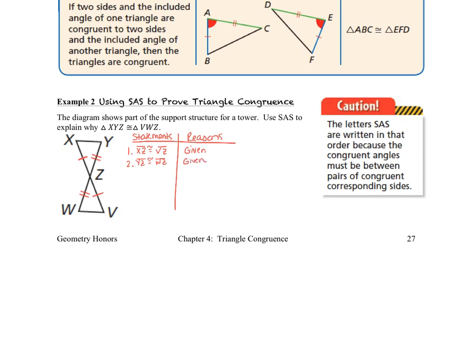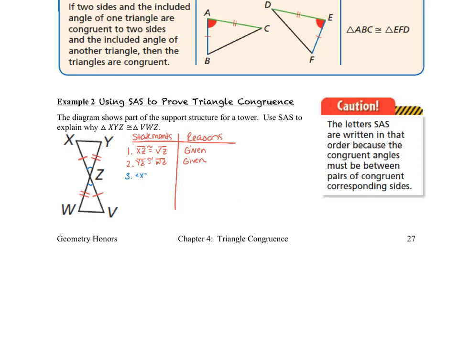So we either need another side, which I don't know anything about WV and XY, so that's out. So I'm not using side, side, side. Or I need an included angle. The included angle would have to be in between these two sides, this angle. Do we know anything about those angles? We actually do. I can't call it angle Z because there's two of them.